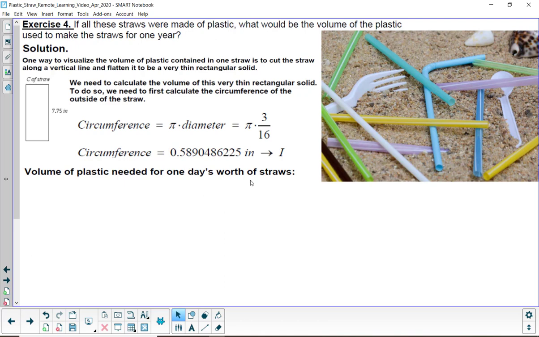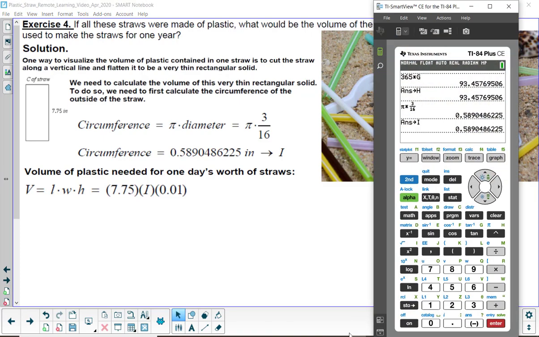The volume of plastic needed for 1 day's worth of straws, well, since this is a rectangular solid, the formula is volume equals length times width times height. And so the length is 7 3/4. The width is that value we just came up with for I, that circumference. And this is the thickness or the height of the straw. So let's go ahead and bring that up.